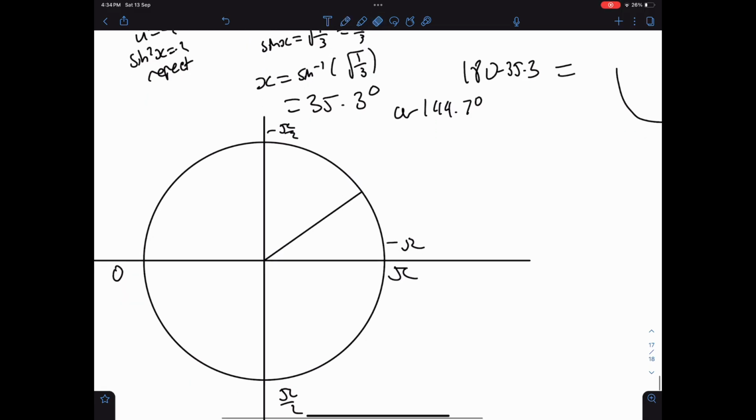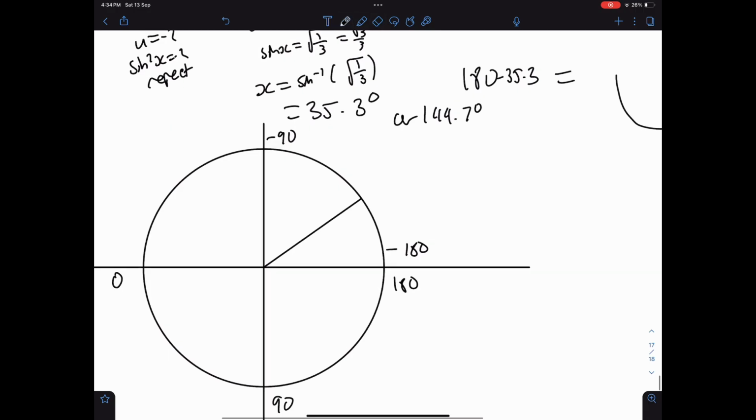Why am I being rather confusing with this pi stuff? We'll do minus 180, minus 90, 90, and 180. And we know it goes up 35 degrees this way.